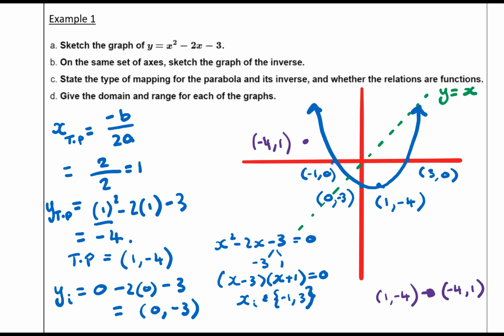The x-intercepts, (3, 0) and (-1, 0), now become (0, 3) and (0, -1), so I might put that there, and (0, 3), which might be up here. My old y-intercept of (0, -3) is now going to be an x-intercept, (-3, 0).